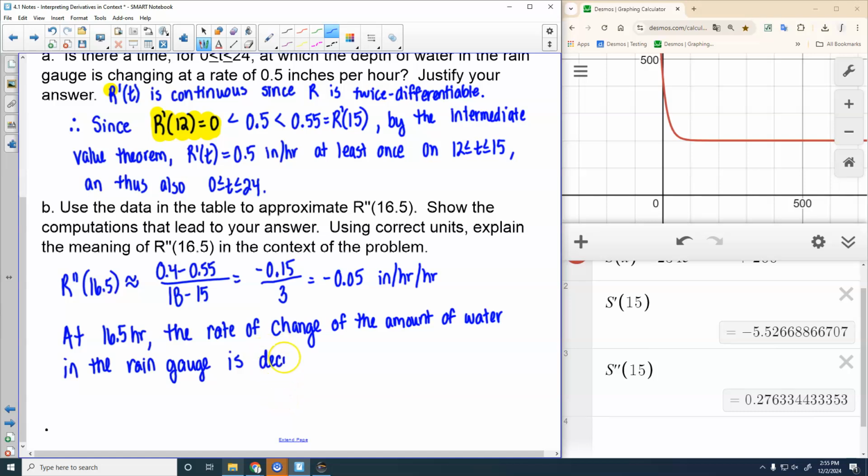Decreasing. At a rate of negative 0.05 inches per hour.